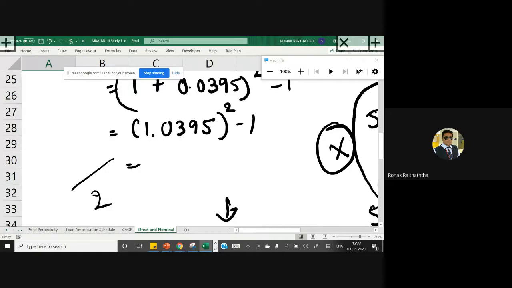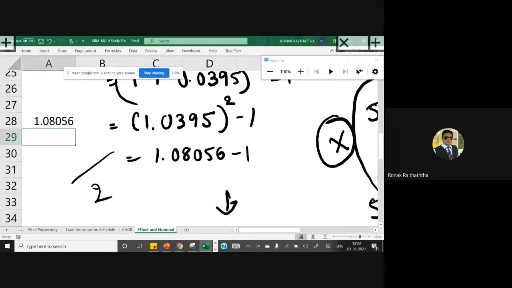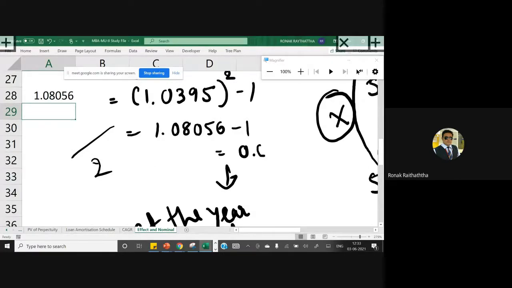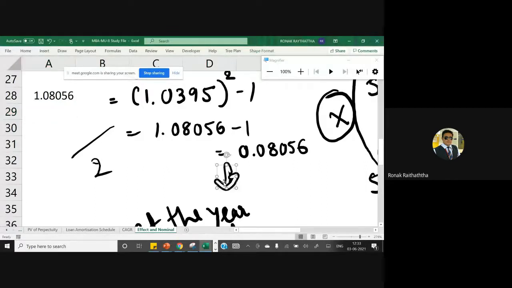So equal to 1.0395 raised to 2. So we have got 1.08056 minus 1. So that is 0.08056. And if I convert that into percentage, that is 8.056%.